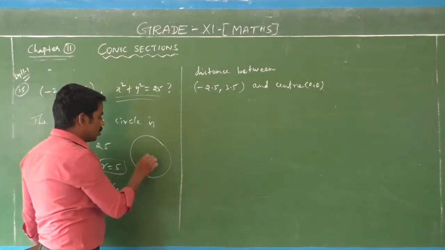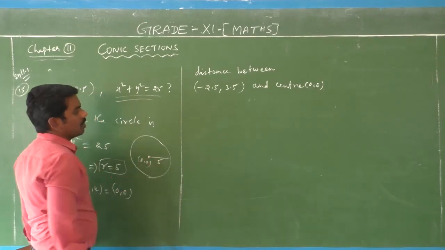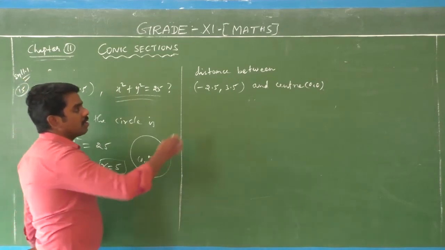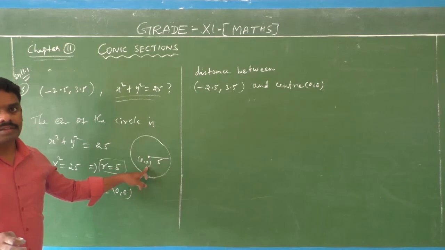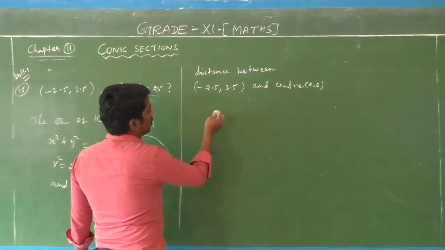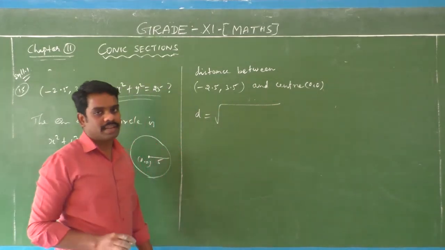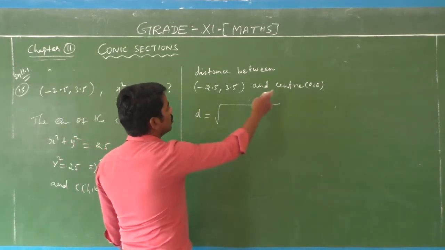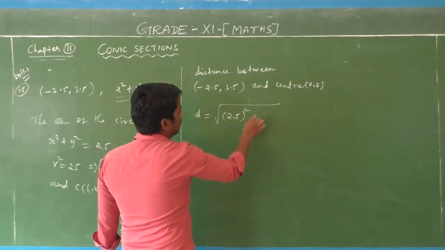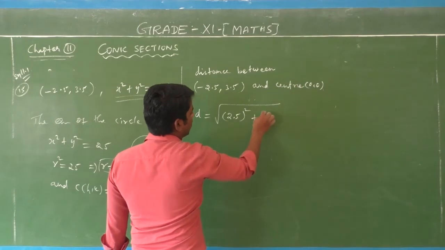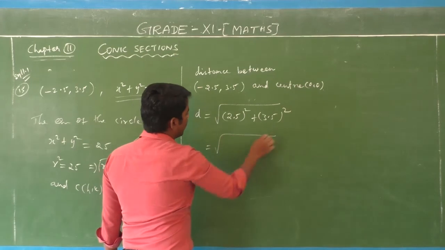The center is (0, 0) and the radius is 5. Find the distance between the point and the center. Distance d is equal to root of (x2 minus x1) whole square plus (y2 minus y1) whole square, which is (0 minus of minus 2.5) whole square plus (0 minus 3.5) whole square.